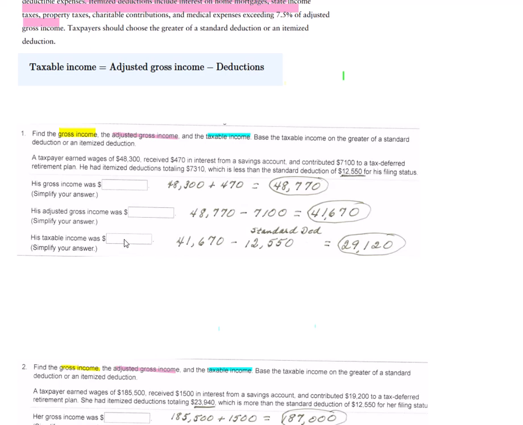It goes in this box. That is your taxable income, significantly less than your gross income. This is what the federal government will use to determine how much taxes you pay, and we will look at that, I think, on about question number 4.